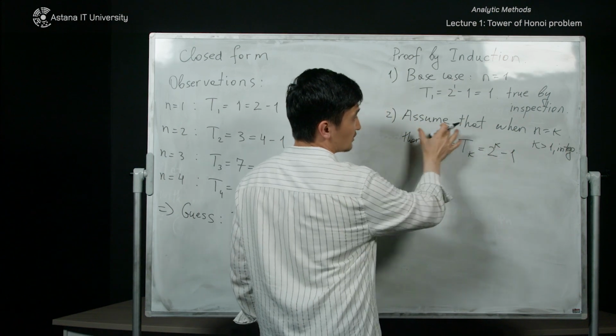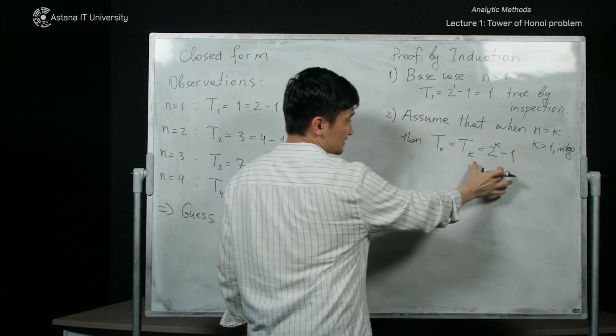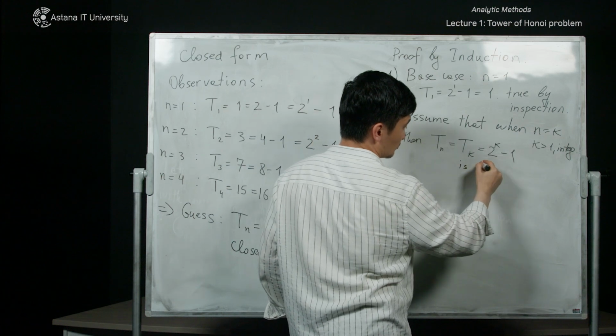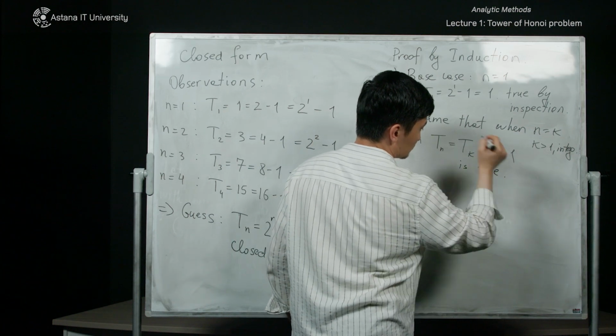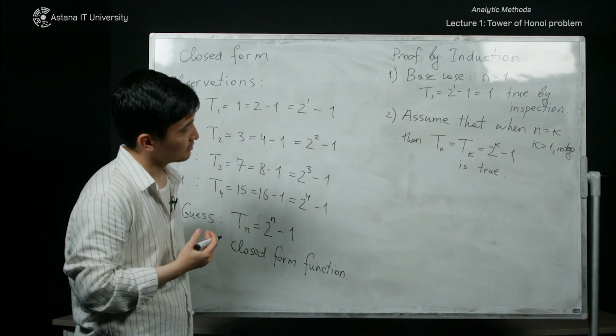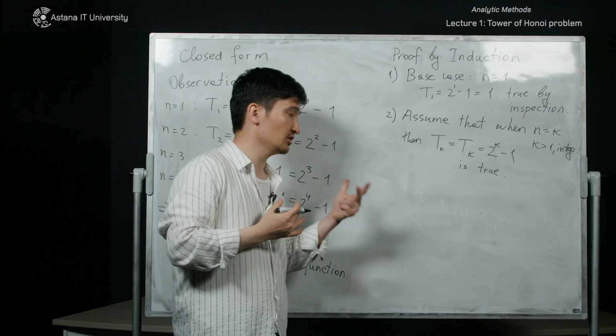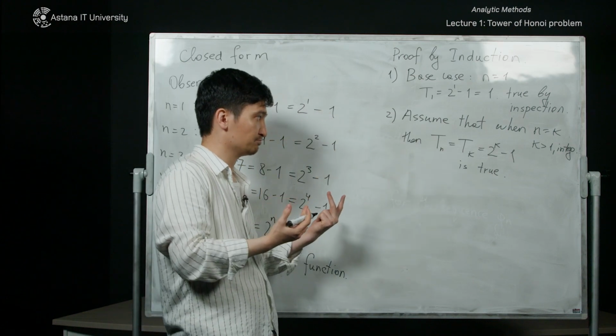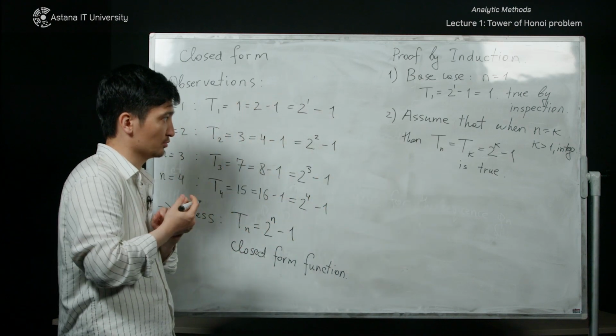So we're saying, assume that when n equals k, this is true. What does it mean that this is true? Well, basically we're saying that this calculates the value accurately, right? So this is what we're assuming.